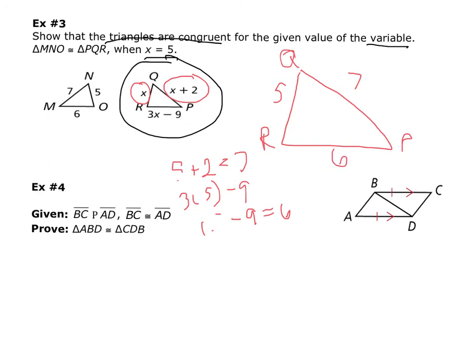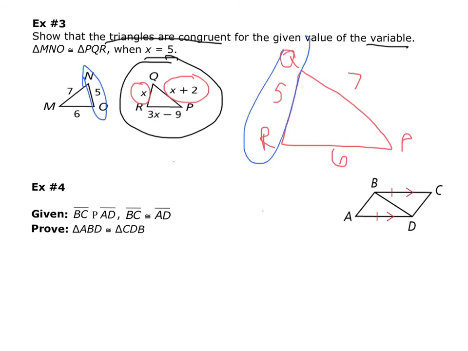Okay, so if you go ahead and compare the two triangles, QR is going to be corresponding to NO. In both of those sections, you'll see that that segment is 5. Then the hypotenuse is going to be QP and MN.